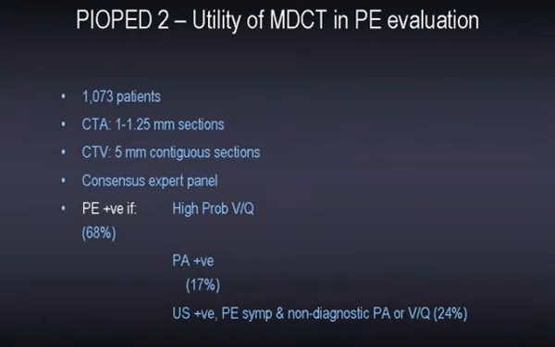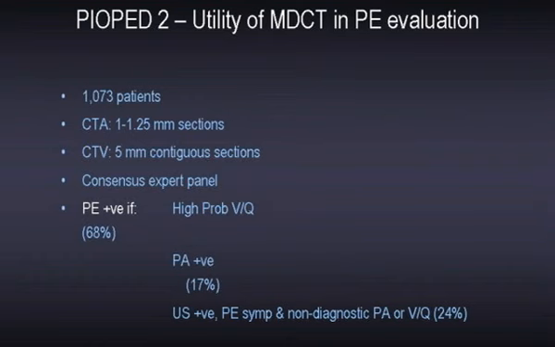And most importantly in this study, a patient was considered to have a pulmonary embolism not only if they had a high probability VQ scan, not only if they had a positive classical pulmonary angiogram, but also if they had a peripheral ultrasound Doppler of the lower limbs that was positive, some symptoms in the chest, and non-diagnostic other tests.